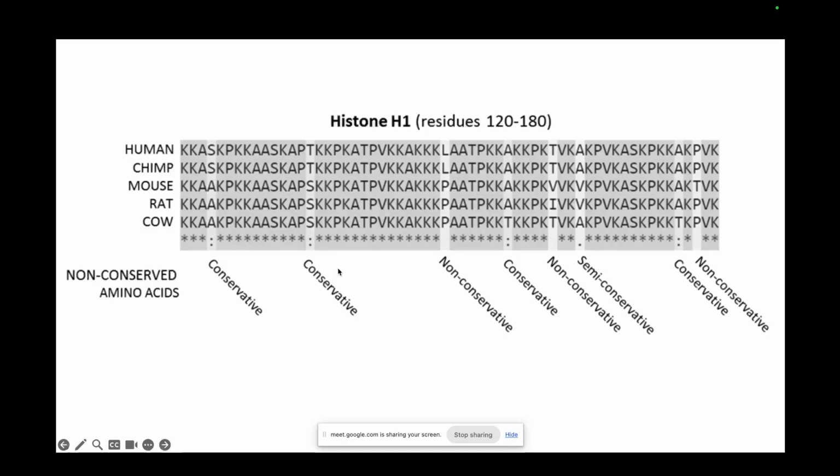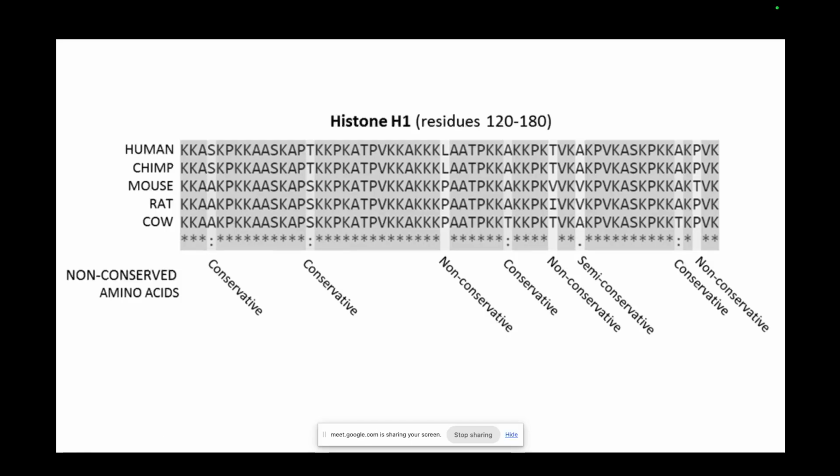To get to this level, we have to do multiple sequence alignment in a global or a local reference, so that we can find these regions which are conserved. Some are semi-conserved, some are non-conserved. This one is almost conserved, but in one species there's a change in the amino acid.